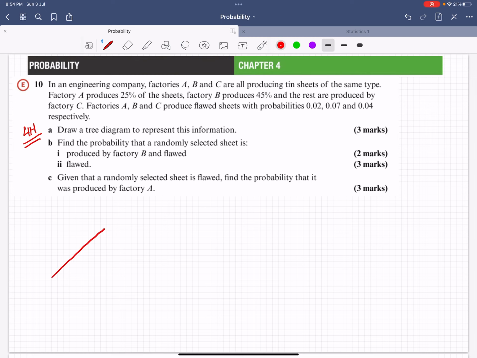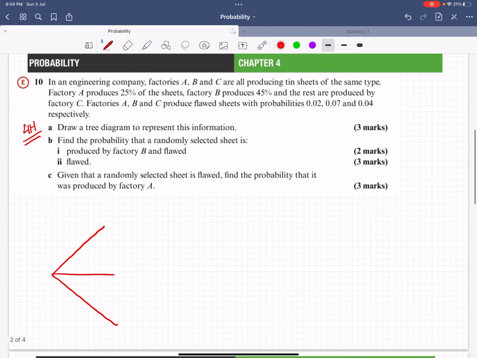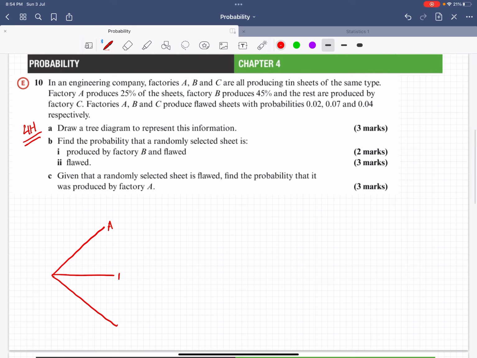So we have three factories, A, B, and C. Factory A is producing 25% of the sheets, factory B 45%. So 25% is 0.25 in probability, and factory B 45% is 0.45.